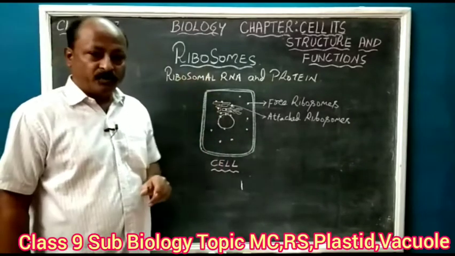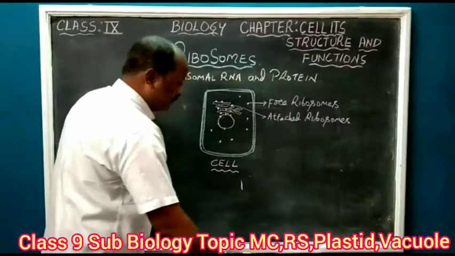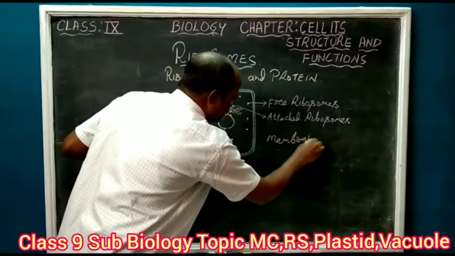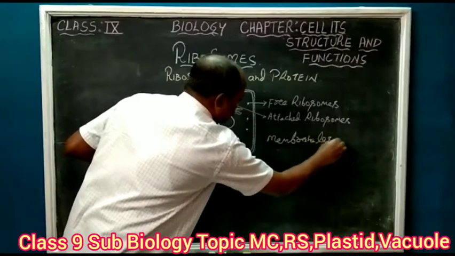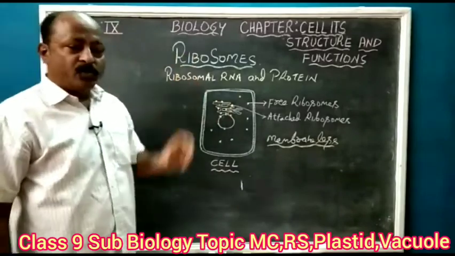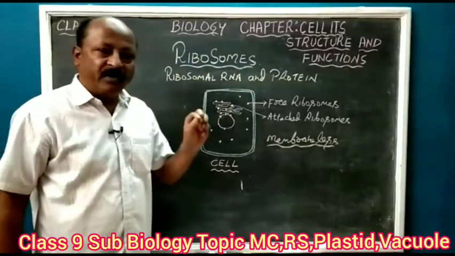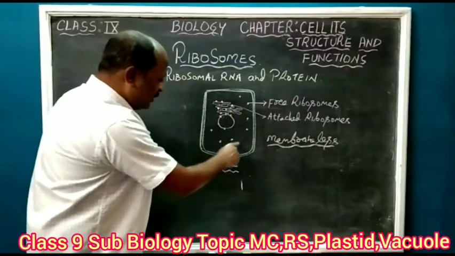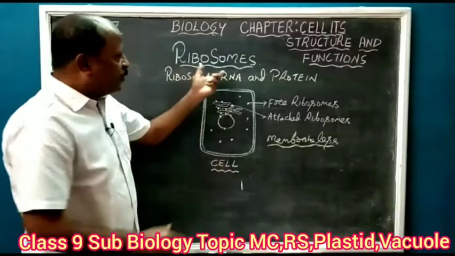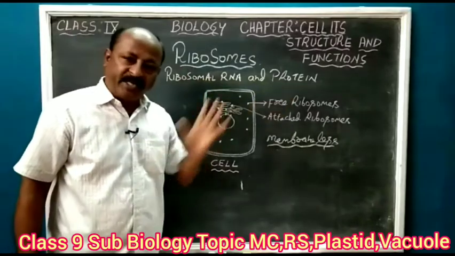But remember, these ribosomes are membraneless structures. They are small granule-like structures found in the cytoplasm of a cell. These ribosomes are made of ribosomal RNA and protein.